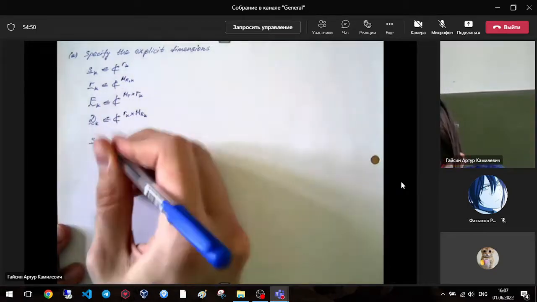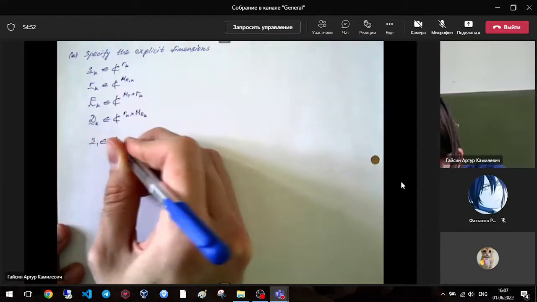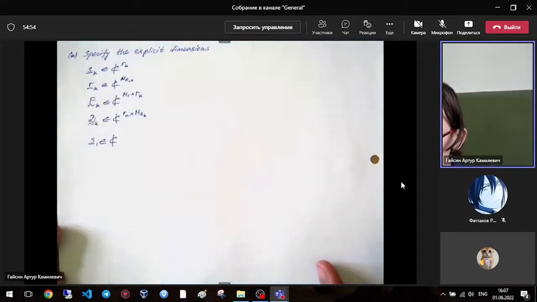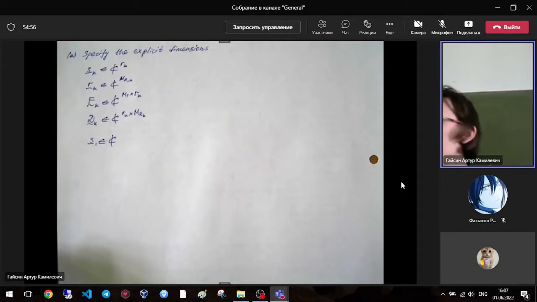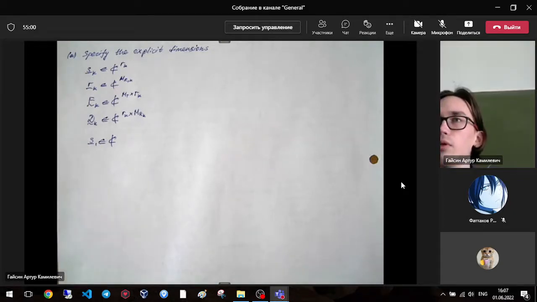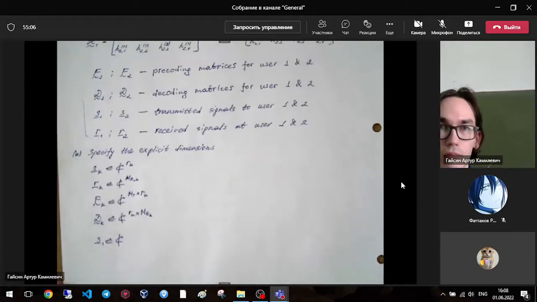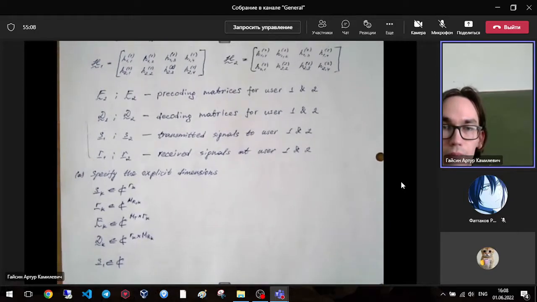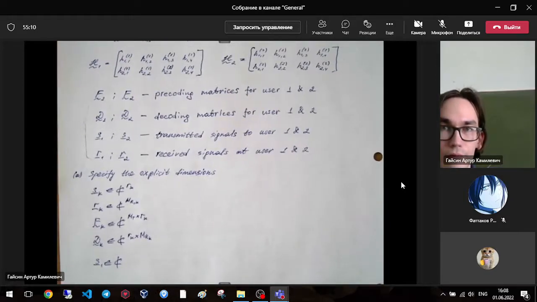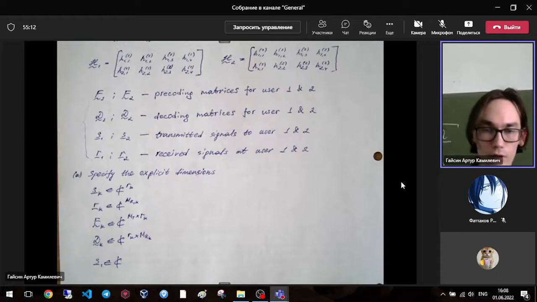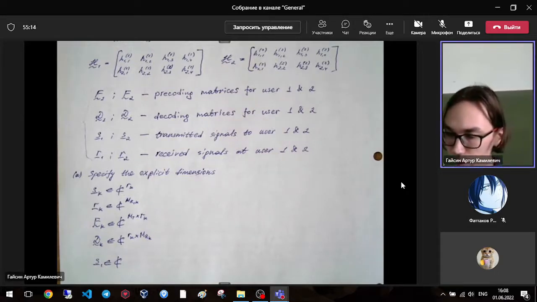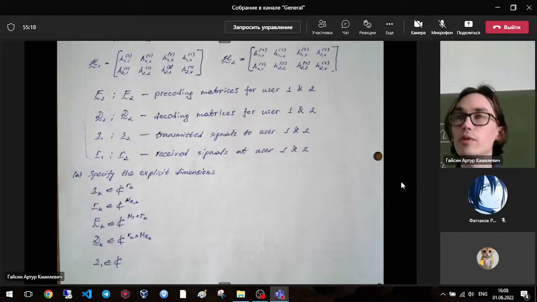S1. And maybe I will listen to you. So S1 of size, and maybe, of course, let me show this information here. So what is the size of the transmitted signal to user 1 in this case?